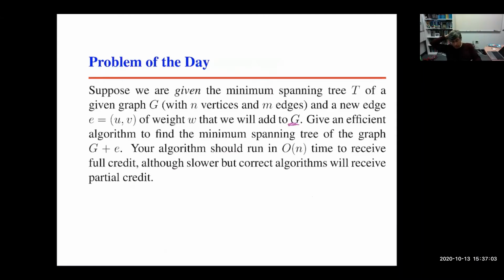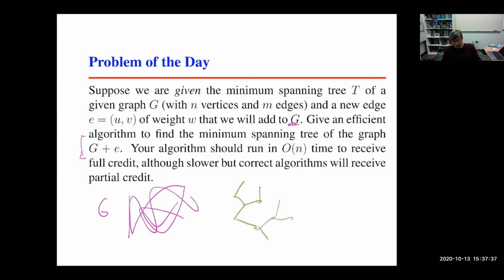Give an efficient algorithm to update the minimum spanning tree with the new edge. So there's a graph G, which is big and dense and complicated. They're giving you the minimum spanning tree of this graph, and they are giving you a new edge.